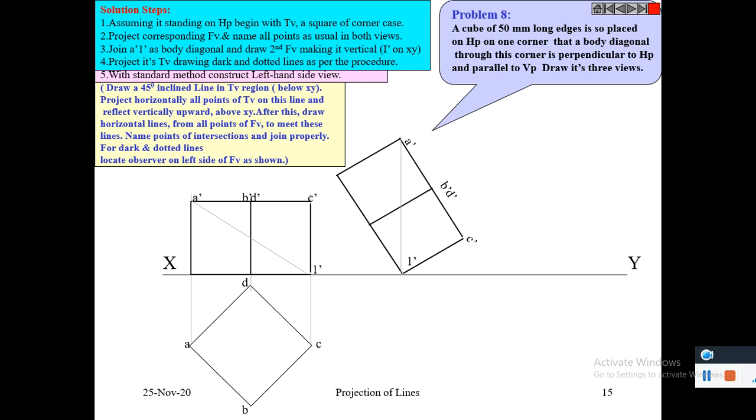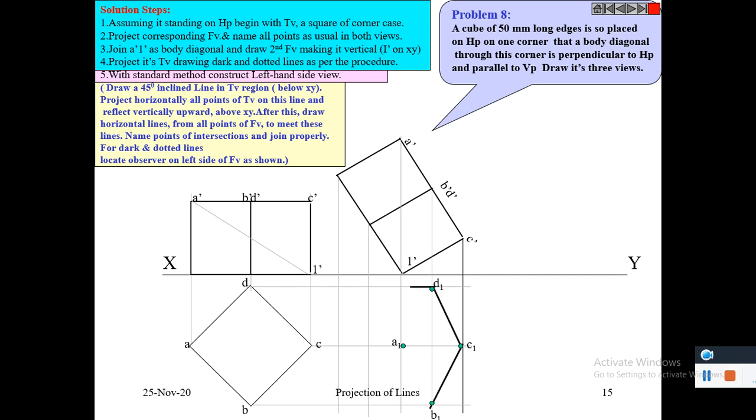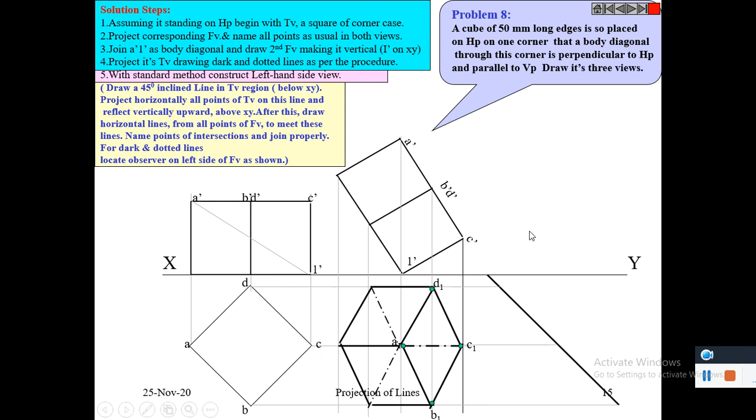It is drawn perpendicular to HP and parallel to VP. Its view looking in this direction is also drawn.